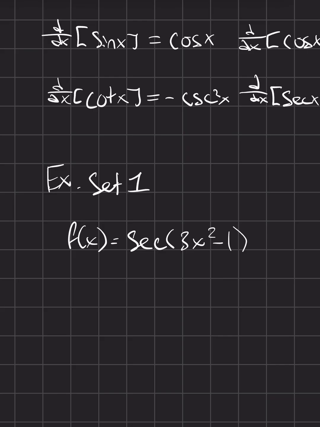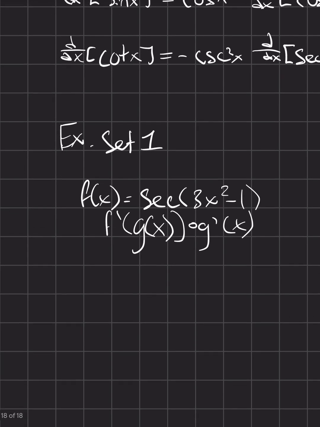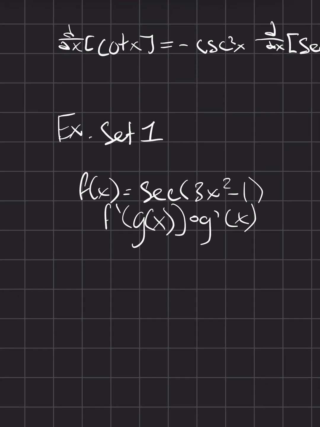So what we need to remember here is we see the composition of two functions, so we need to remember our chain rule. Our chain rule states it's the derivative of f of the inside g of x times g prime of x. So what we have to do here is find the derivatives of each one of these respectively.